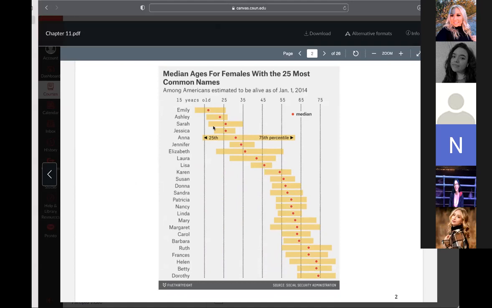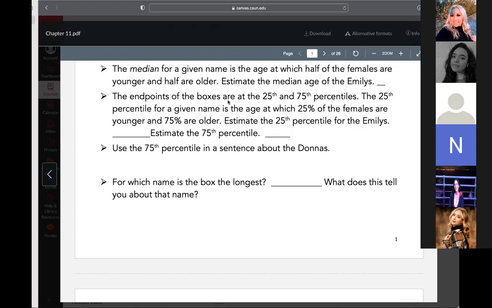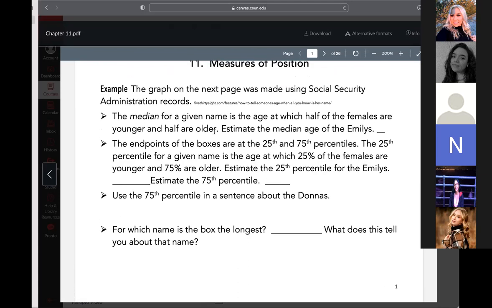That means half of the Emilys in America, based upon the Social Security Administration records, are under 17 years old, and the other half are over 17 years old, which seems to indicate that there's lots and lots of young people named Emily, right? If half of them are 17 and younger, okay?